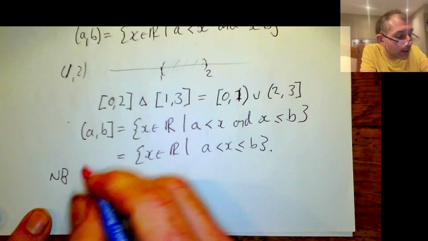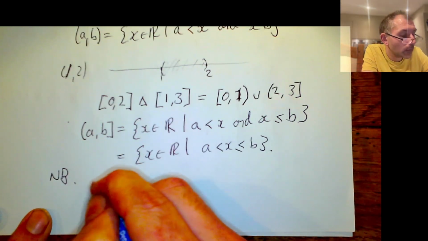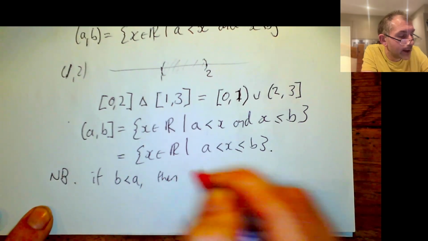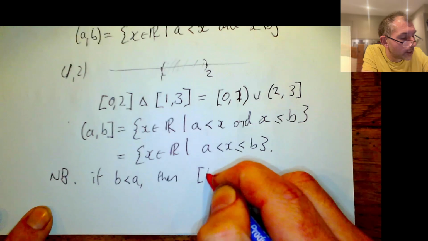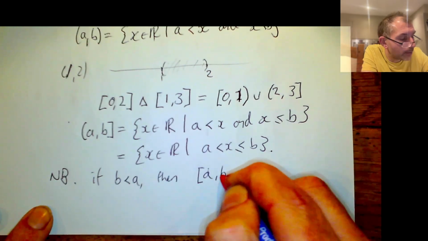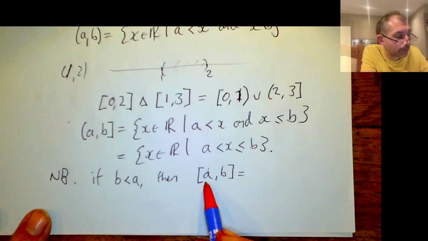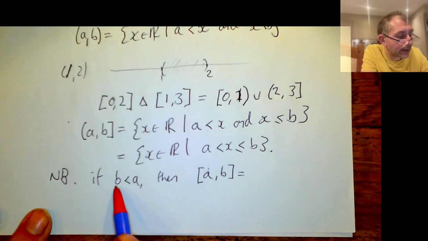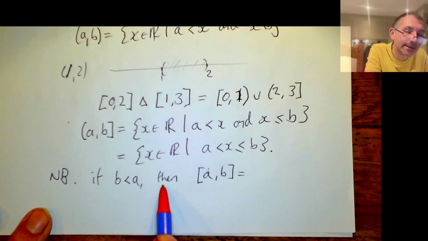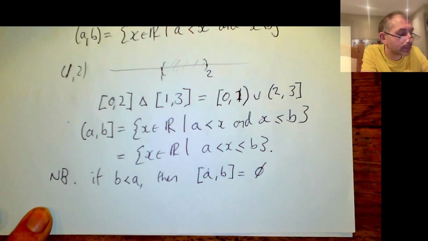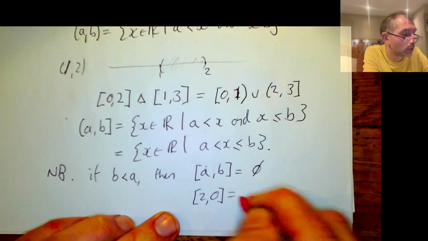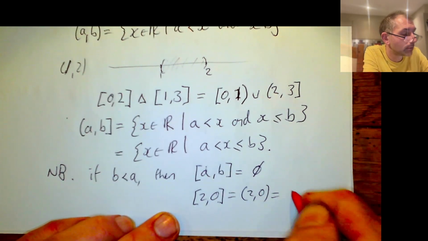But if I get them the wrong way round, so if b is less than a, then (a, b) is all the stuff that is bigger than a and less than b. But b is less than a, so there's nothing that is going to be less than b and also bigger than a. So in that case, you get the empty set. So, for example, [2, 0], or even the open interval (2, 0), is empty.